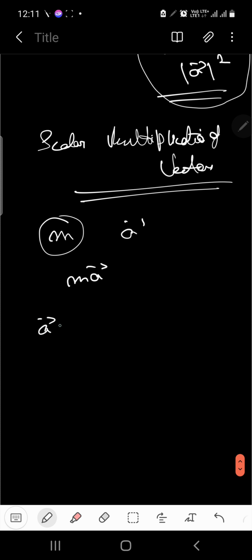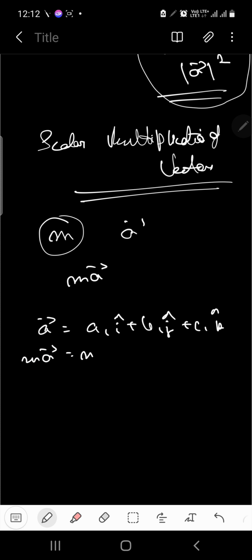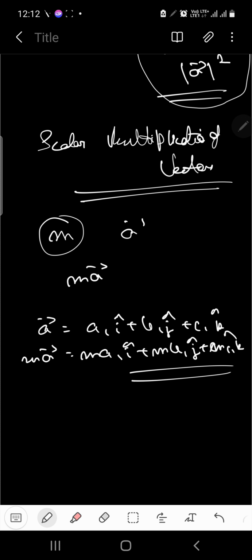If you represent A vector as a1 i cap plus b1 j cap plus c1 k cap, then mA will be m a1 i cap plus m b1 j cap plus m c1 k cap. Clear? This is what scalar multiplication of vector means.